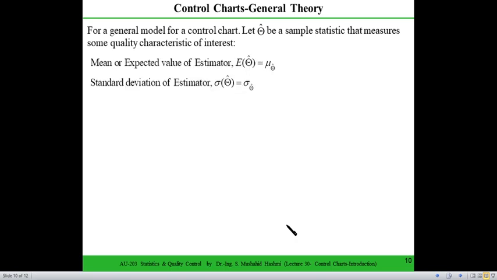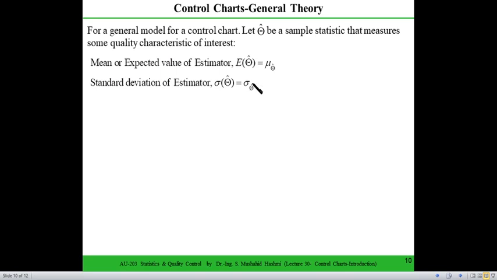Its mean or expected value is represented as mu theta cap, representing the central tendency, and its variance or standard deviation is represented by sigma theta cap, the standard deviation of this sample statistic.